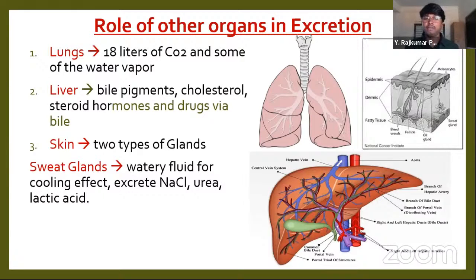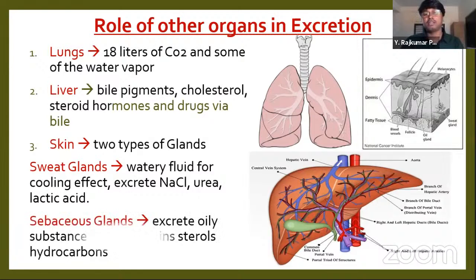It is by the sweat. It produces sweat to cool down the body's temperature to keep thermoregulation proper. With the help of sweat, it excretes NaCl, excessive salts, urea, and lactic acid also. This is the functioning of sweat glands.